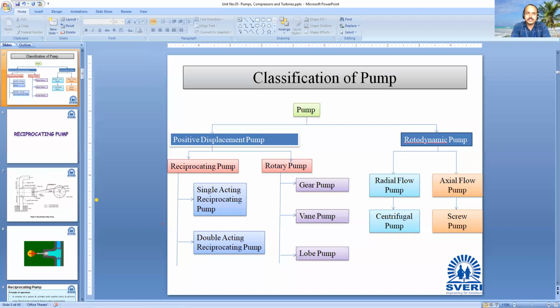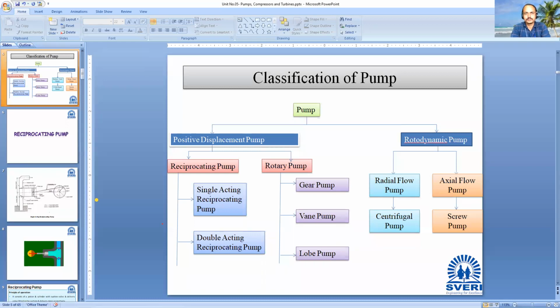So write down pumps. In that, first: a pump is a mechanical device used to lift or convey the liquid from one place to the other.